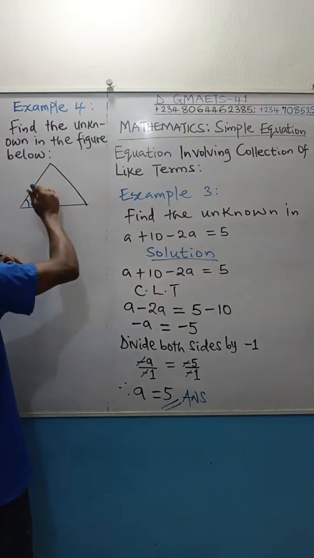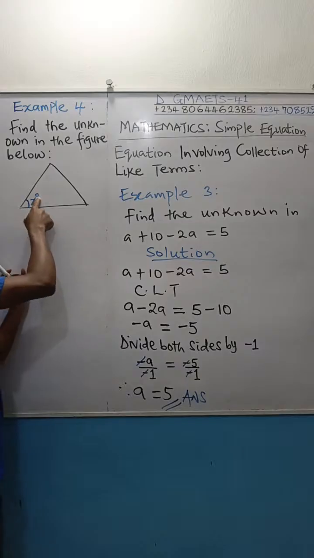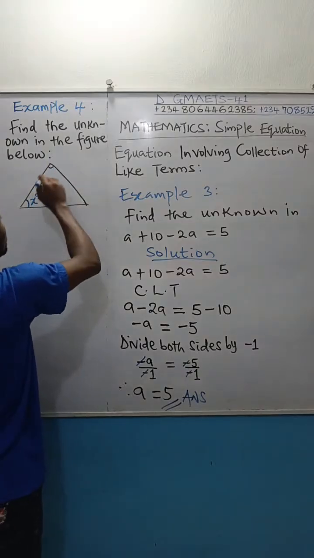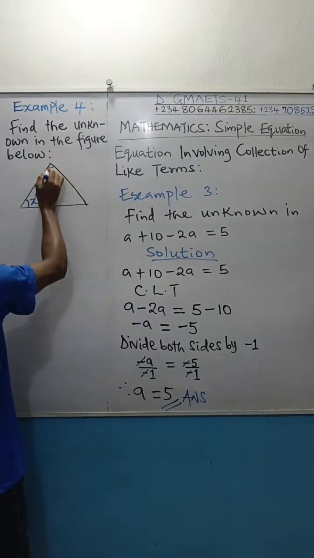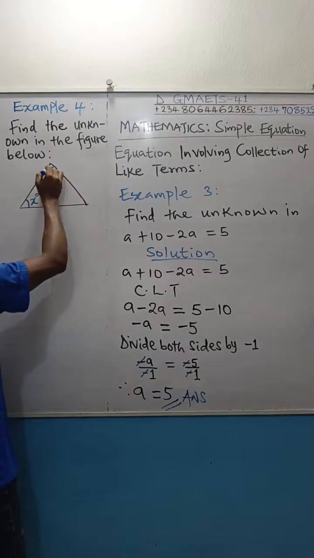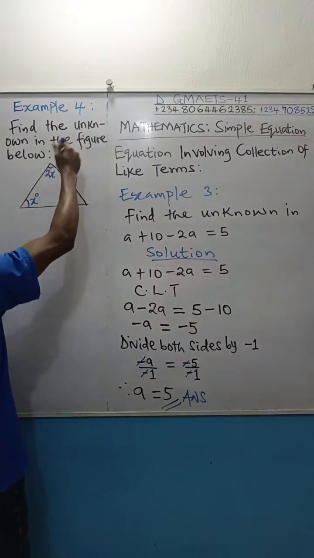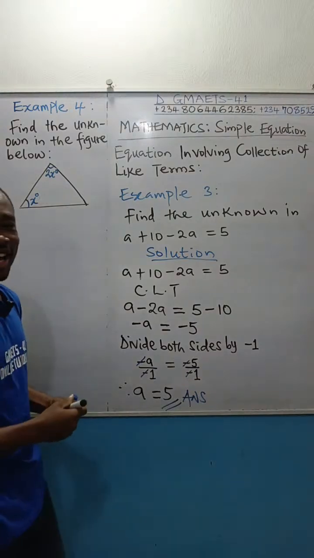If you are dealing with angle, this symbol on top means degree. Okay, so here, let's say, 2x degrees. There is degree there. 2x degrees. That's good.